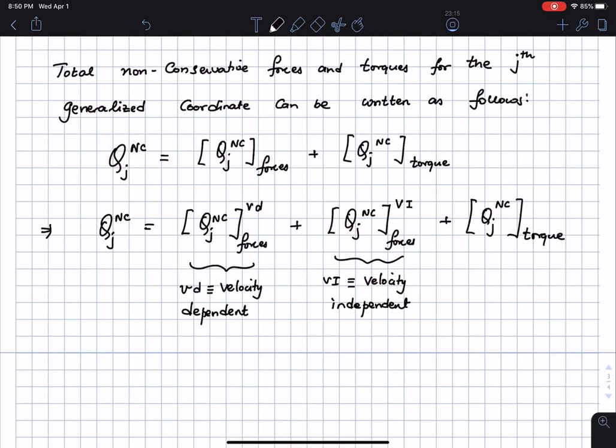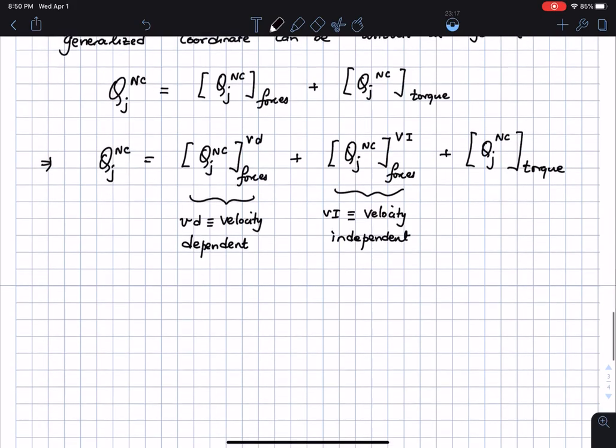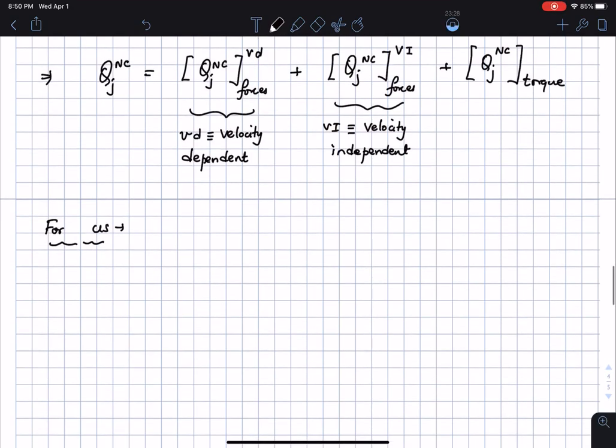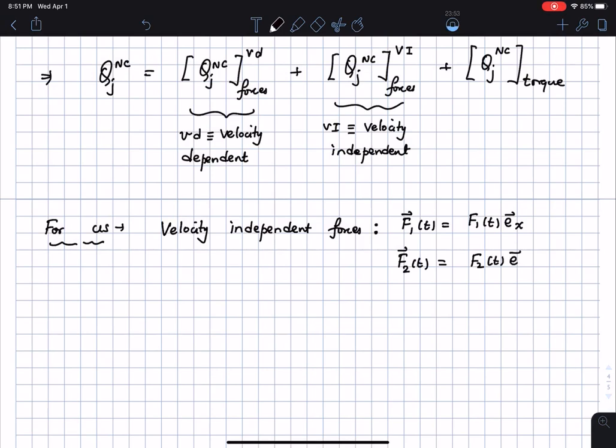Okay, now an important thing that we need to keep in mind is, in our setup, what are the velocity dependent and the velocity independent forces? So for us, the velocity independent forces are the following: f1 of t, which is f1 of t times ex, and then f2 of t, which is f2 of t times ey.